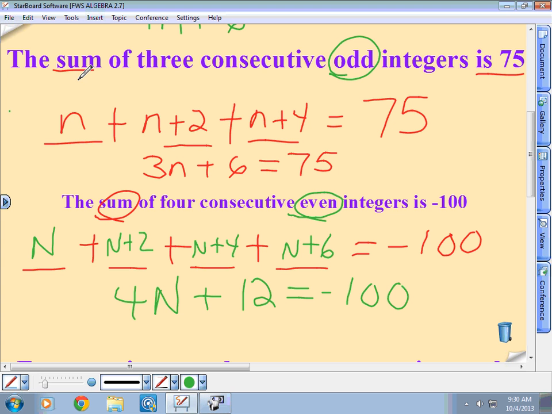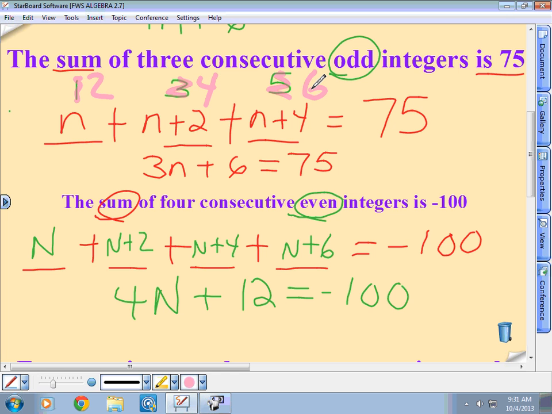If I start with 1, then 1 plus 2 is 3, and 1 plus 4 is 5. So these would be consecutive odd integers. But if I started with 2, my n plus 2 would be 4, and my n plus 4 would be 6. So 2, 4, 6. It's the same equation. The only difference is what I start with determines whether it's an odd or even integer.